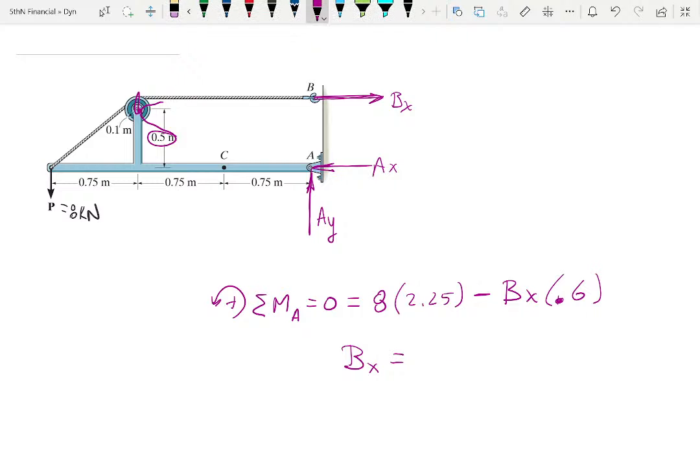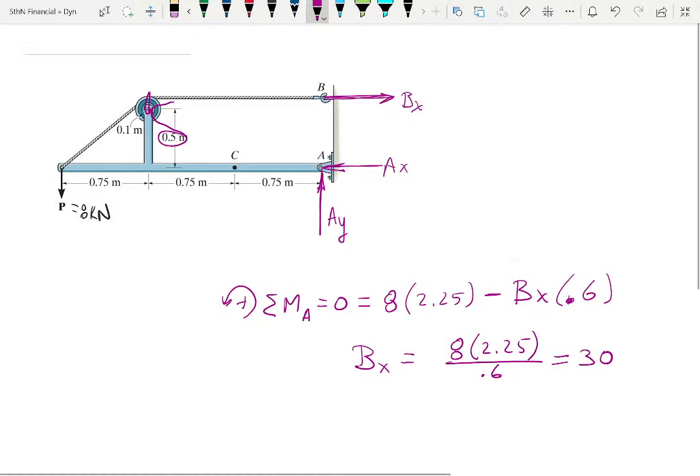Using my 2.25 and the 0.6, I'm not willing to calculate them anymore. So it says 30. So there you go.